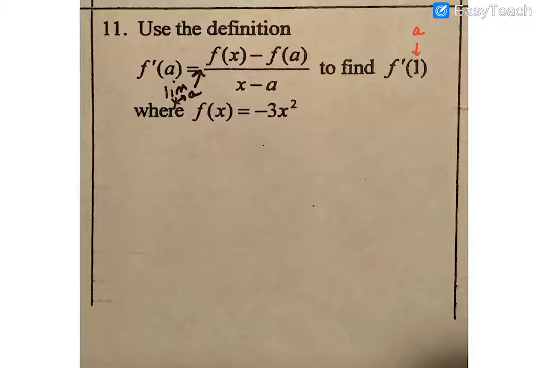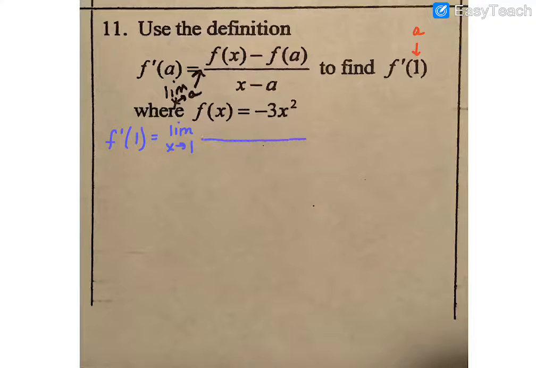So let's jump right in. Being asked to find f prime, instead of a, it's going to be 1. So I see a, I'm going to replace that with 1. Don't forget to put in your steps the limit as x approaches 1.